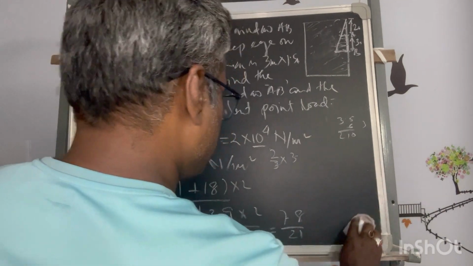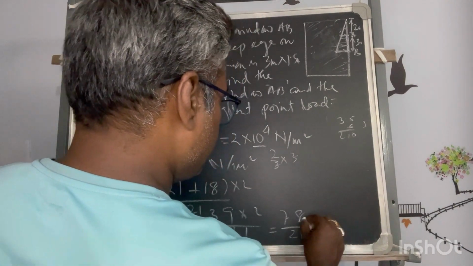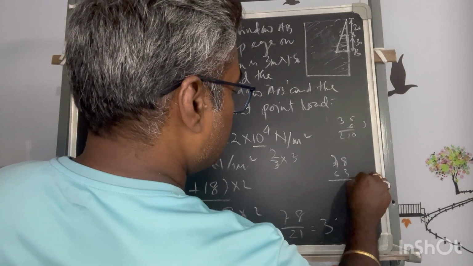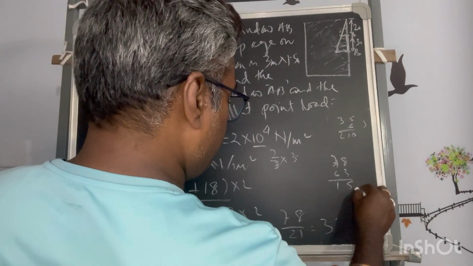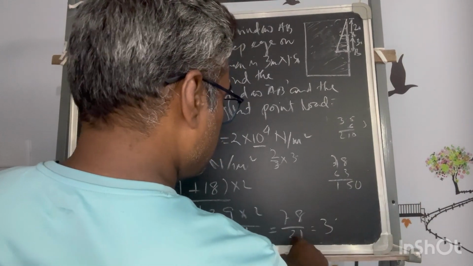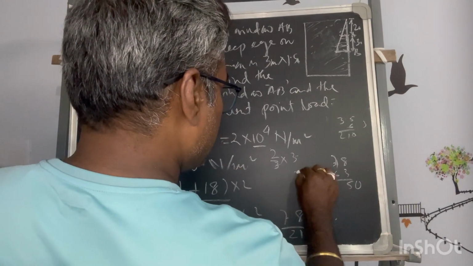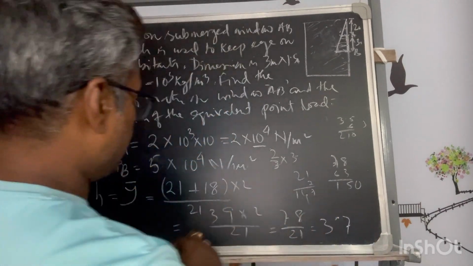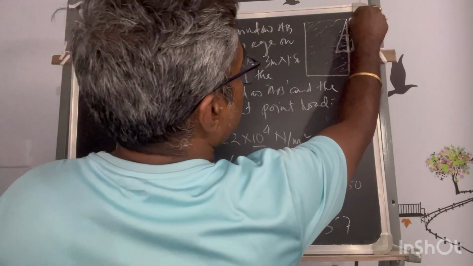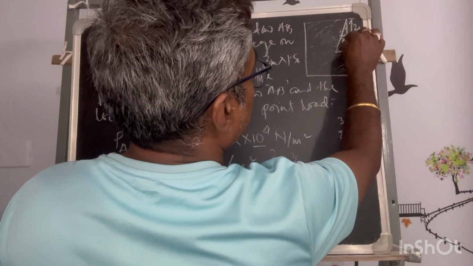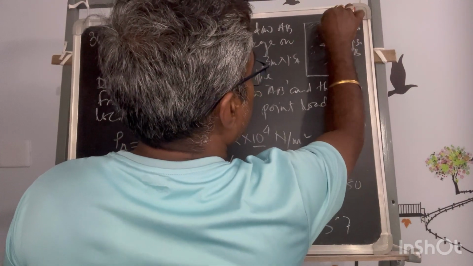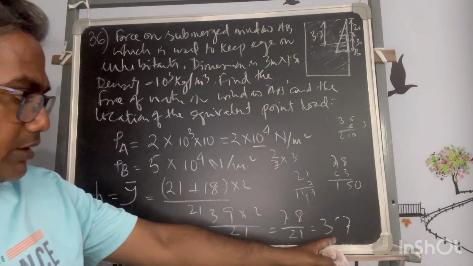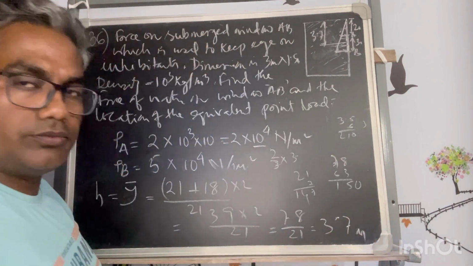So approximately how much will come? Almost 3.7. So at what point will this be? 2 plus 1.7 further, at around 3.7 meter of height. If that load is concentrated, it will act at this height. This will be the answer.